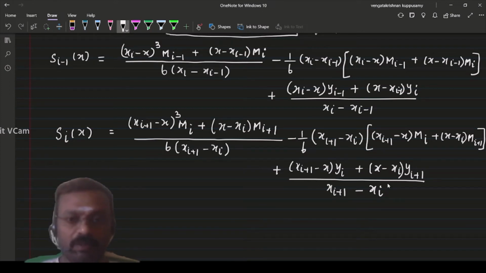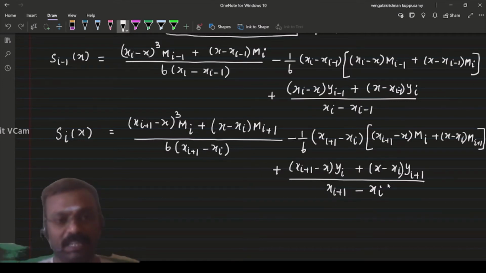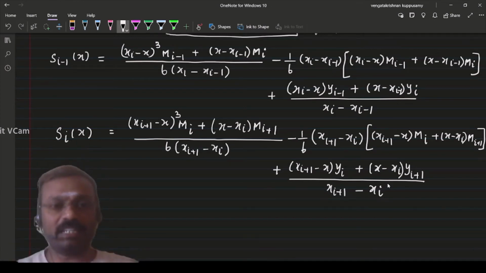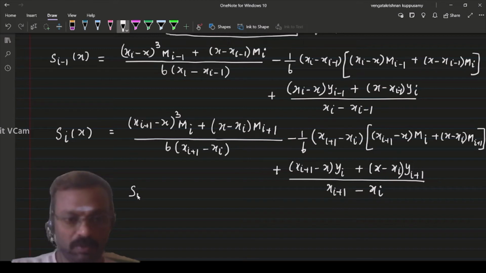Now we know that s_{i-1}'(x_i) should be equal to s_i'(x_i).